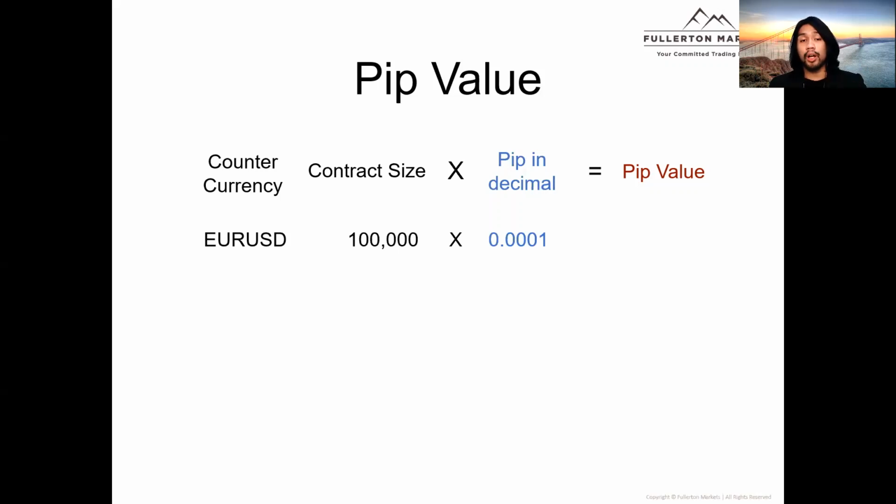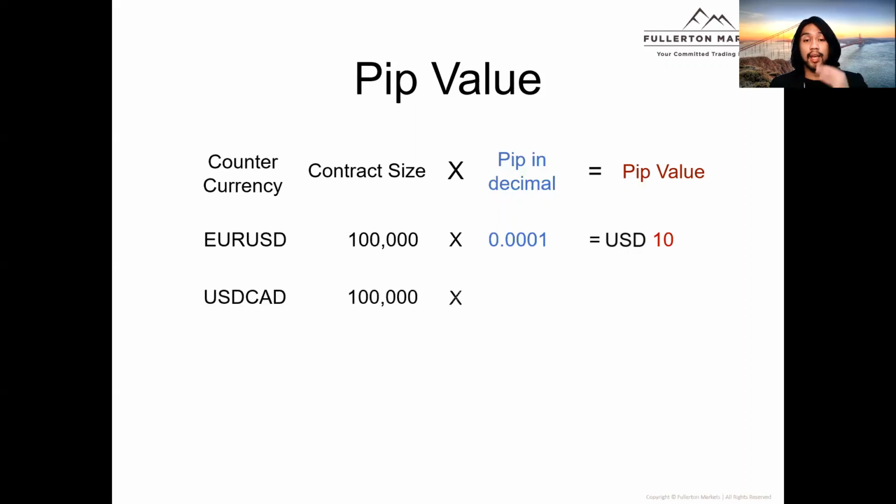So here we have the euro dollar. Since we are going against the US dollar, we are using 4, so that's 100,000 multiplied by 0.0001, which would then give us a pip value of 10 US dollars. So every 1 pip movement is equivalent to 10 US dollars. Next, we have the USD CAD.